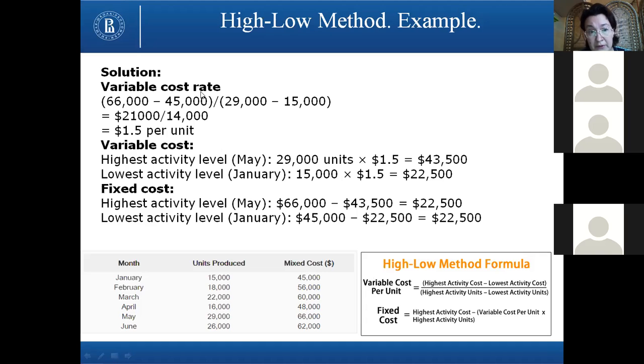Based on this variable cost rate, we can calculate the variable cost using our figures of highest activity level in May and lowest activity level in January.